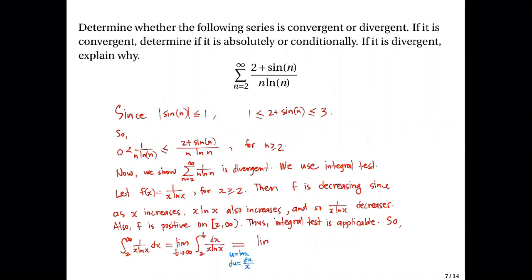This is the limit as t approaches plus infinity of the integral, when x equals 2, u equals ln of 2. And when x equals t, u equals ln of t. And this here is just du over u. Still following?